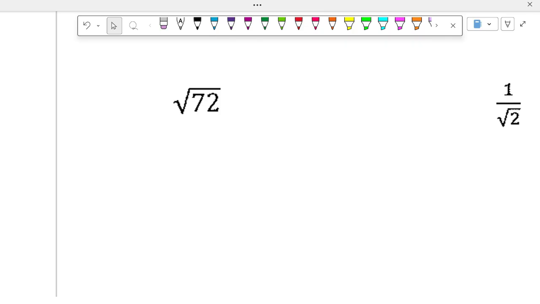It involves that gold sheet that I gave you guys. You got to find the greatest perfect square that can go into 72. So what is the greatest perfect square that can go into 72? 36. And 36 times what is 72? 2. So remember, I can rewrite this as the square root of 36 times 2.